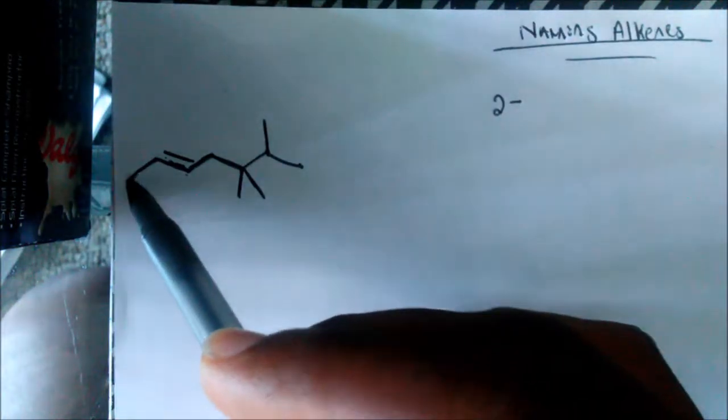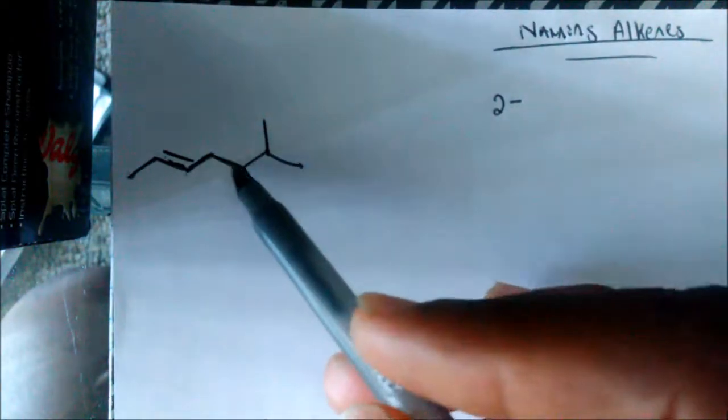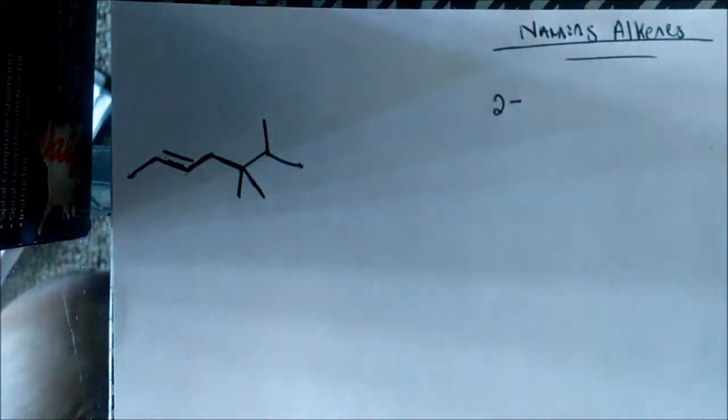So this will be the parent, right? So this would be 2. The longest continuous carbon chain is, well, okay, let's see, 1, 2, 3, 4, 5, 6, 7. So now it's not hexane, but 2-heptene, right? 2-heptene, right? That ENE is when we're talking about alkenes.